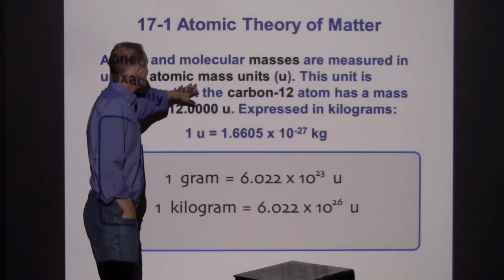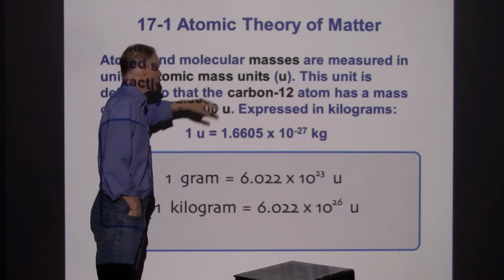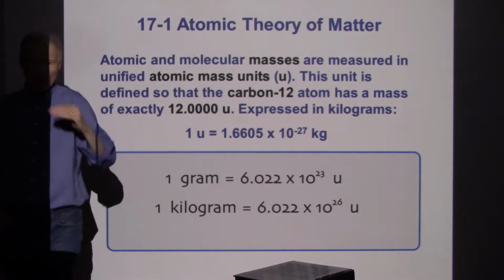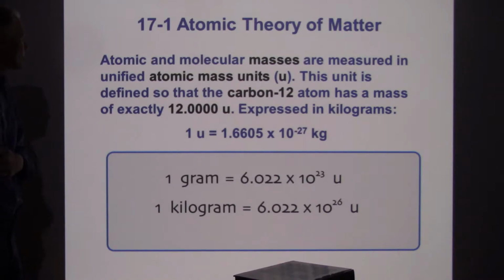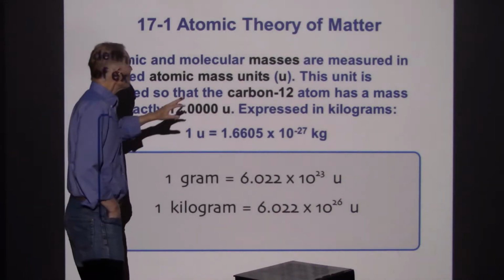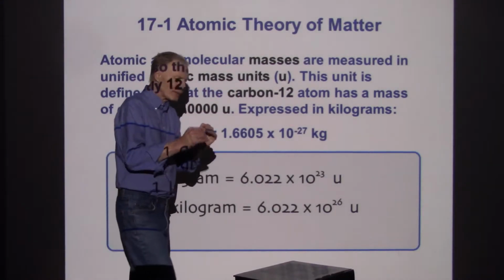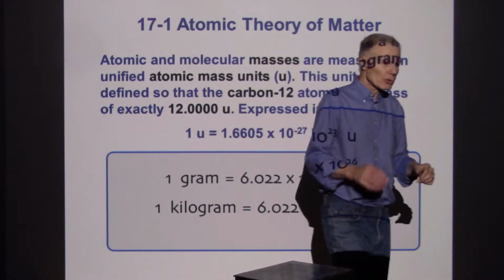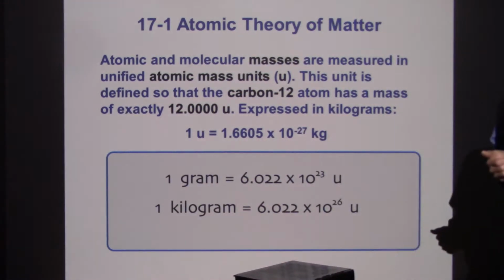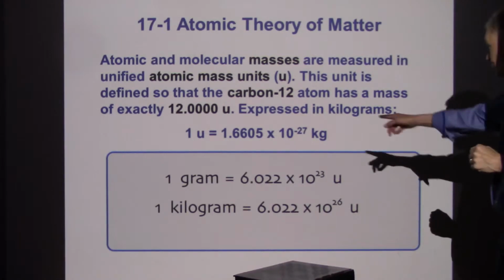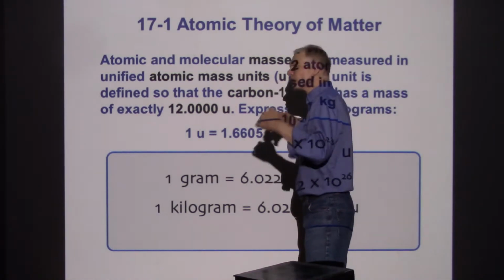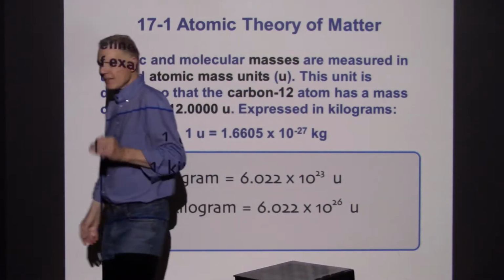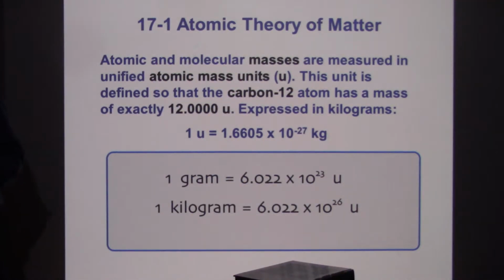So we have these units, atomic mass units, that are useful for measuring masses of really tiny mass objects, atoms and molecules. And it turns out that we've defined atomic mass units so that, first of all, they're related to grams. We'll see how they're related to grams right there. And then an atomic mass unit, very roughly, is the mass of an individual proton and neutron.